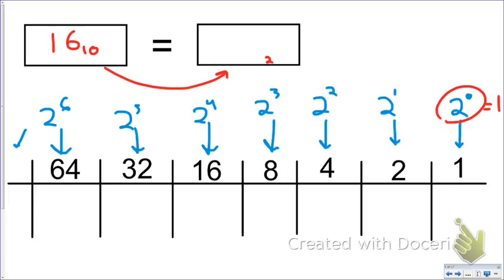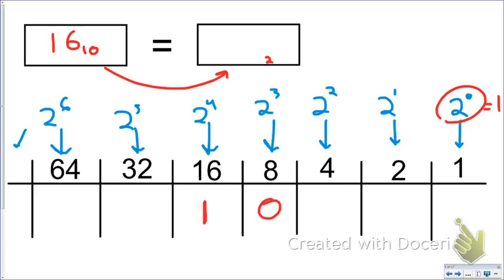Now it's my turn to go ahead and show you how I do this. As I look at this, I think, okay, I've got 16 things, and those 16 things can be grouped into a single group of 16. One single group of 16. After that, there's going to be nothing left over.